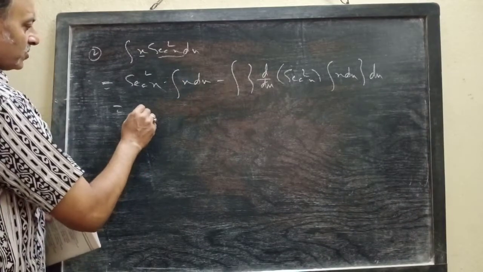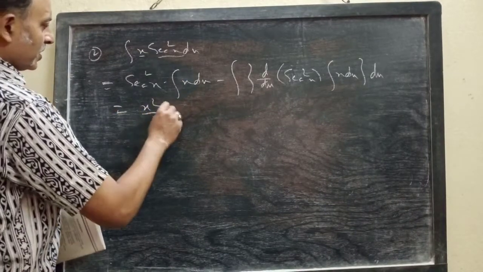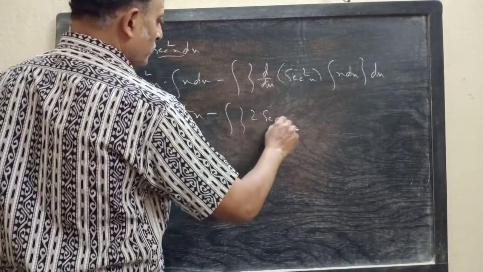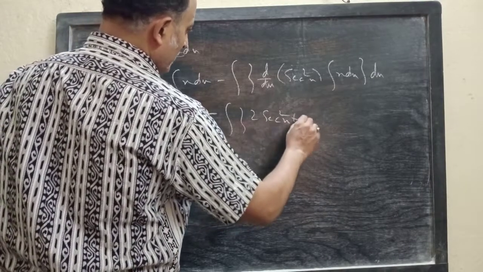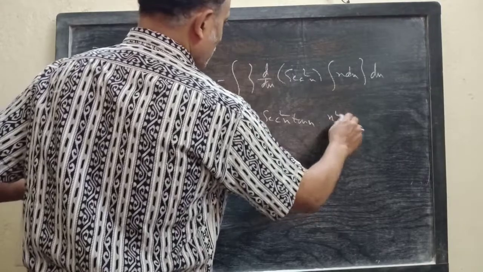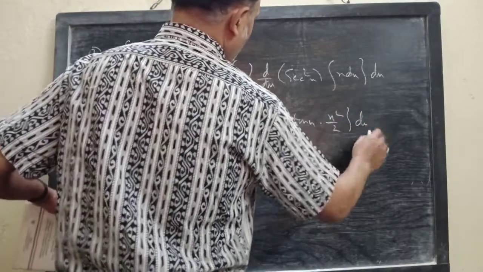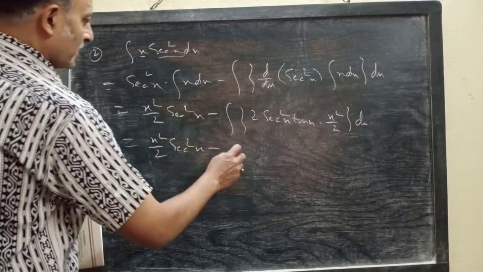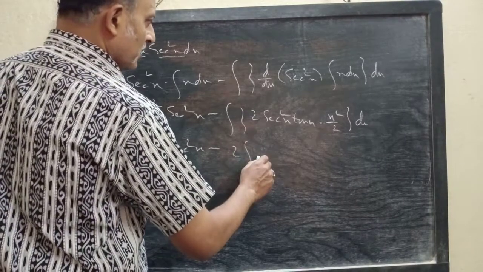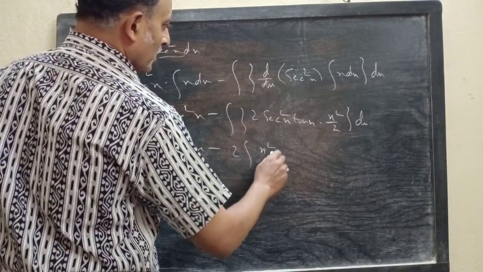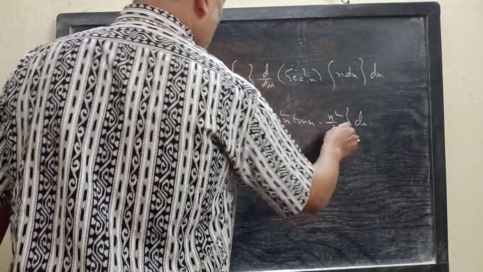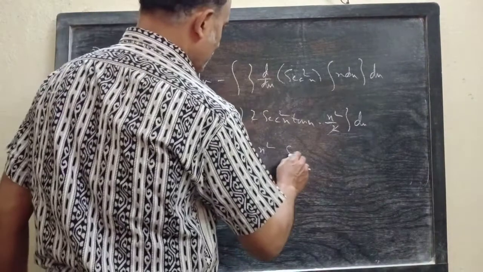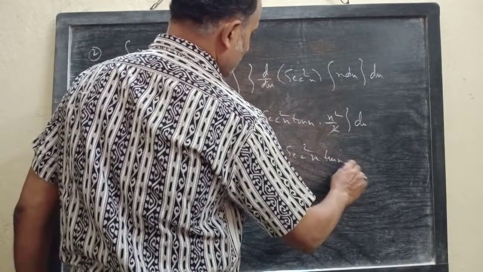Its integral is x square by 2, so we can write x square by 2 sec square x minus integration. This is 2 sec x into sec x tan x, so sec square x tan x into x square by 2, whole dx. x square by 2 sec square x minus, 2 integration, or 2 cancel, x square integration sec square x tan x dx.